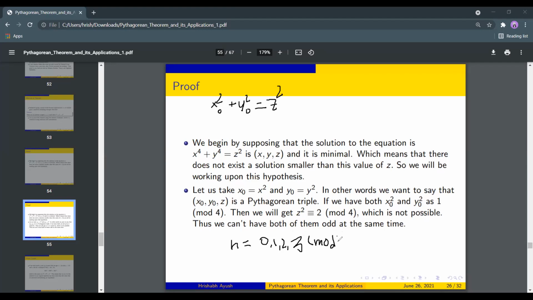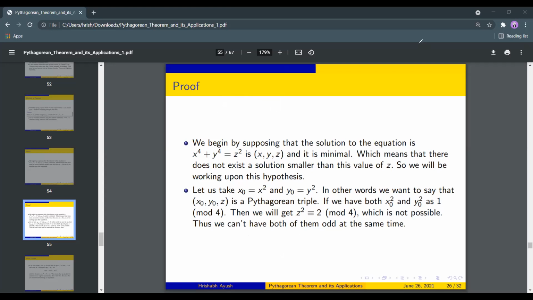So you will have n square congruent to 0, 1 mod 4. So this is the thing. You can square all four of them and check by mod 4. Does that make sense? Yes. Okay.